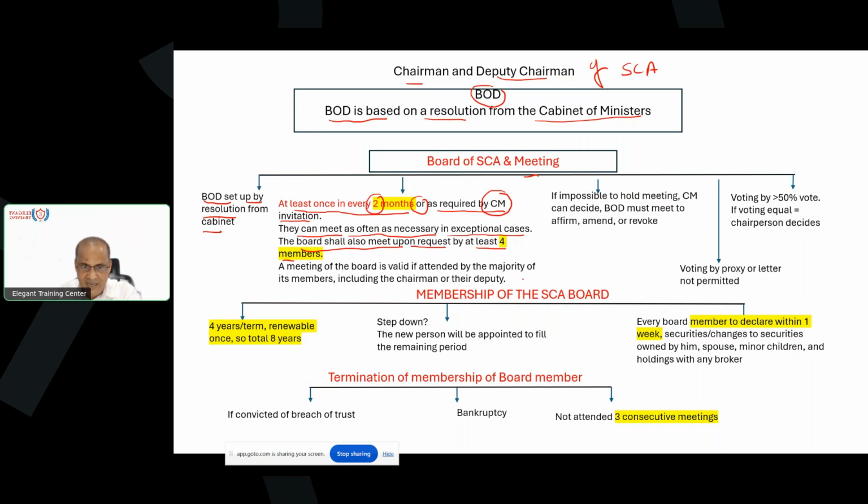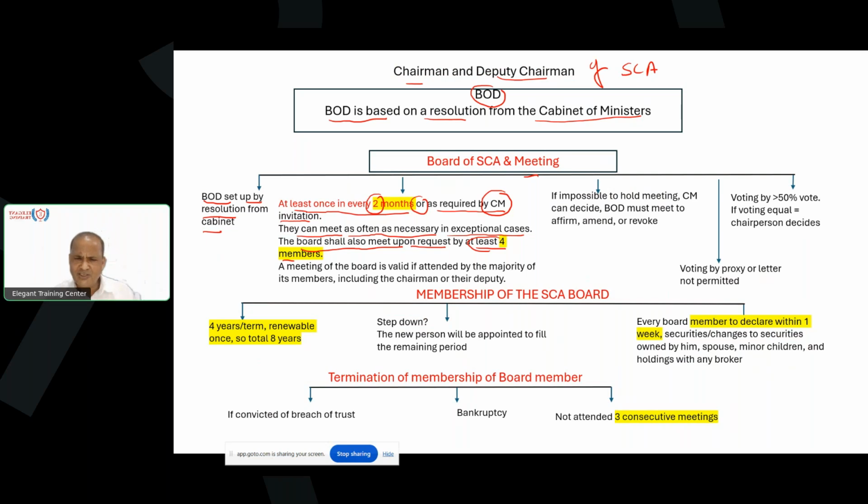At least 4 members. And how many members? There is no limit. There may be 20 members in the board. If 4 members propose for a meeting to be held, a meeting can be held. Chairman alone can call for the meeting. If 4 members together, minimum 4 members can call for the meeting.